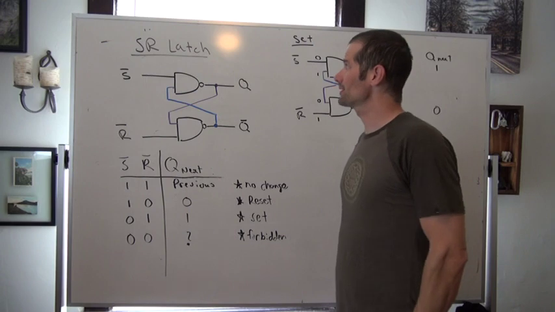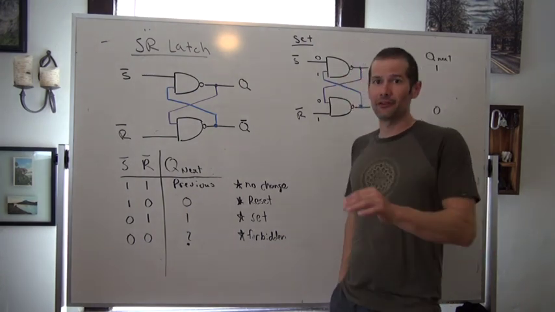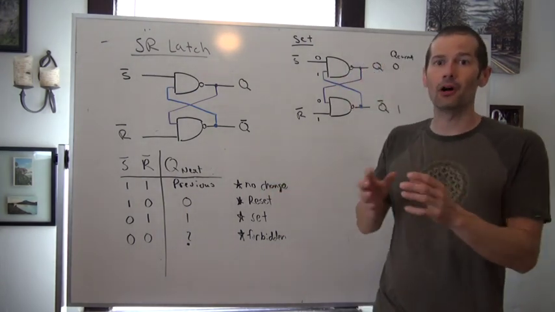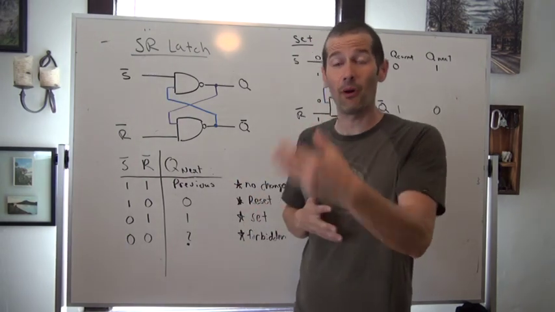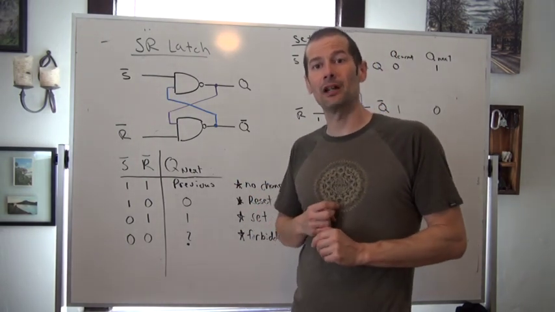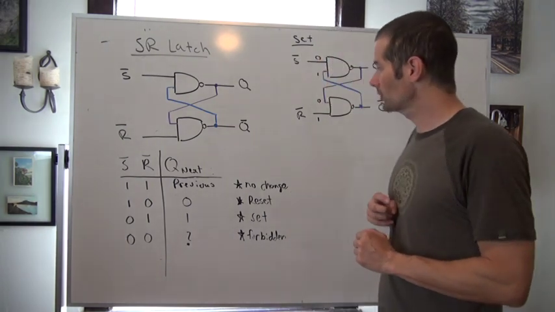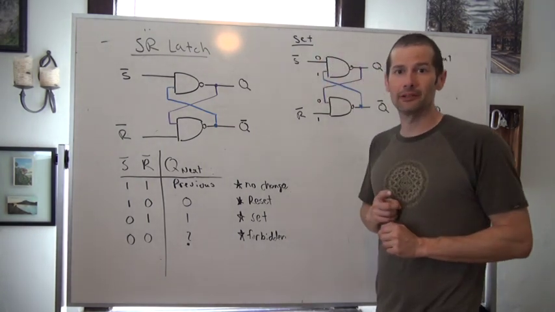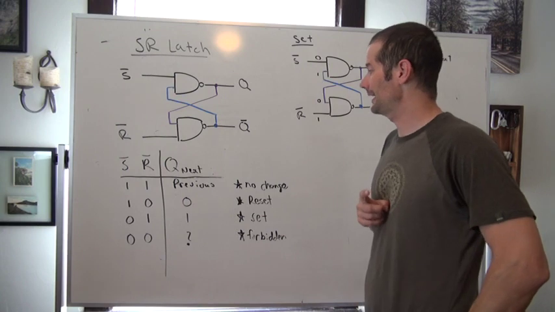But the SR latch specifically is the absolute foundation of all memory building blocks. It's part of the D latch. It's part of the JK flip-flop as well. But we're going to quickly see what the problem is with the SR latch.